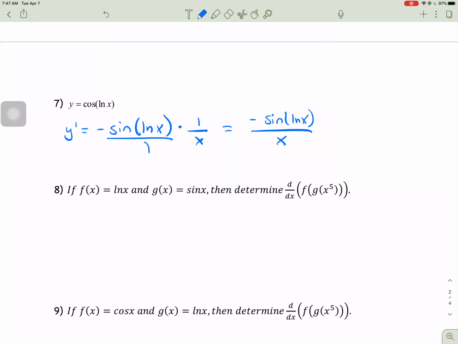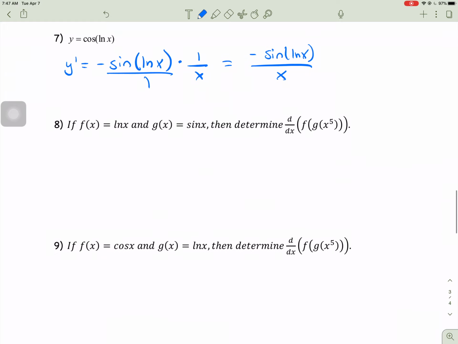Okay. Next, if f of x equals ln of x and g of x equals sine of x, then determine the derivative of f of g of x to the 5th. So g of x to the 5th is sine of x to the 5th.